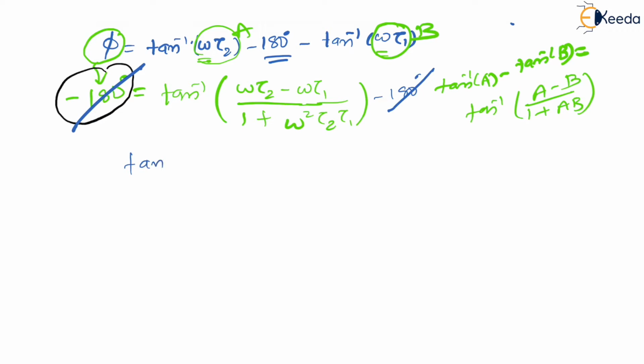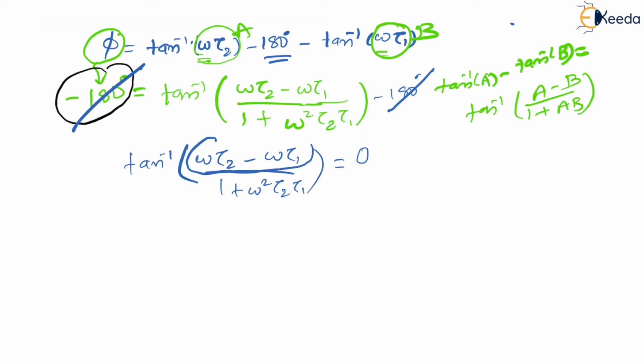So what you have is tan inverse of (omega tau 2 minus omega tau 1) divided by (1 plus omega squared tau 2 tau 1) equal to 0, which means the numerator has to be 0 such that the whole term becomes 0, because we know that tan inverse of 0 is equal to 0. Is that right?